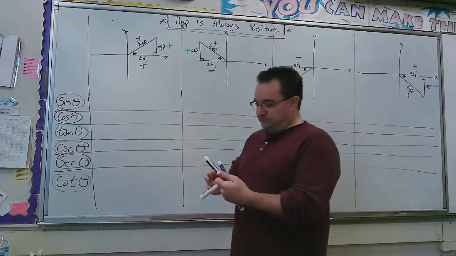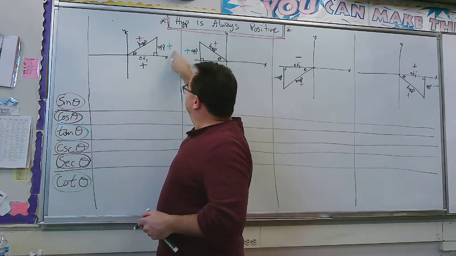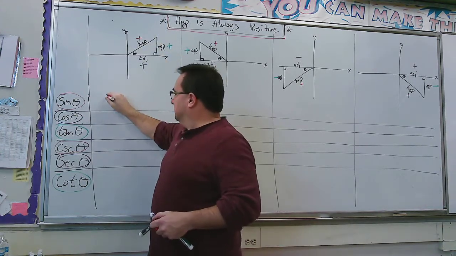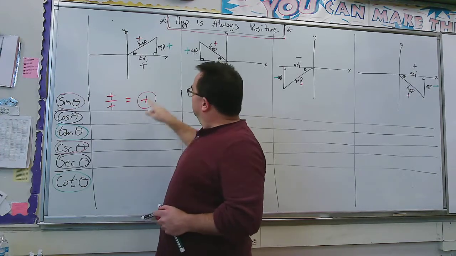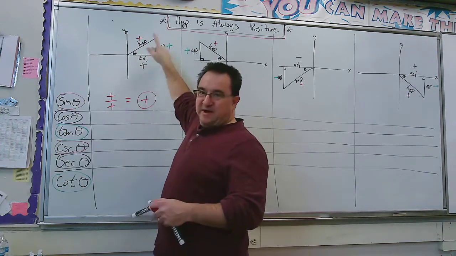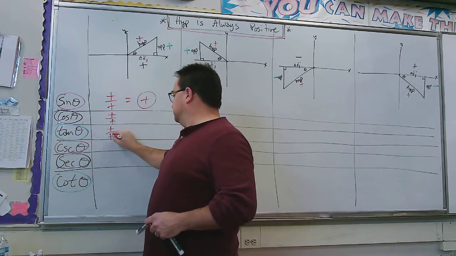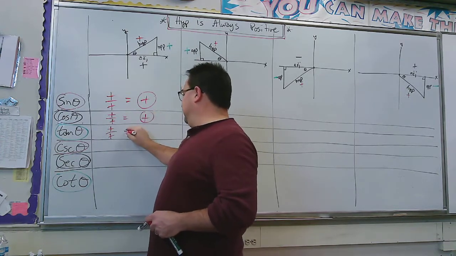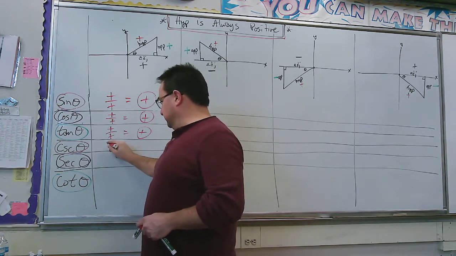So notice that sine is opposite over hypotenuse. Plus over plus equals plus. Cosine is adjacent over hypotenuse. Look, everything's positive. Tangent is opposite over adjacent. That's going to be positive, and all the reciprocals are going to be positive.